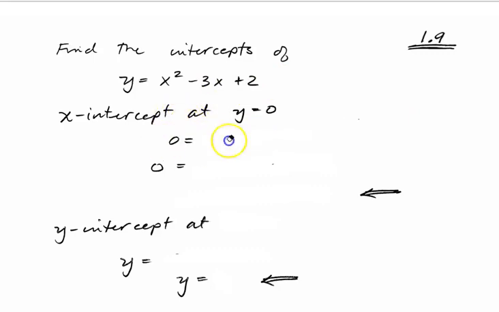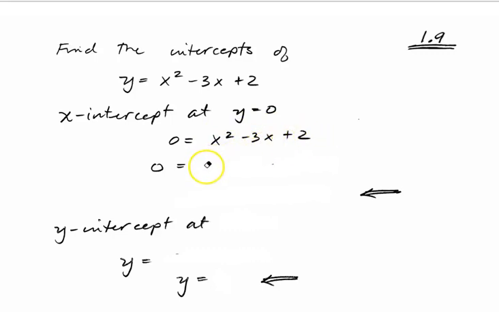So we've got 0 equals the right-hand side. We have a second order equation, and we're getting more and more comfortable with solving second orders. We've got the quadratic formula, completing the square, just good old factoring. You always want to start there, because 2 is 2 times 1 and a 3.